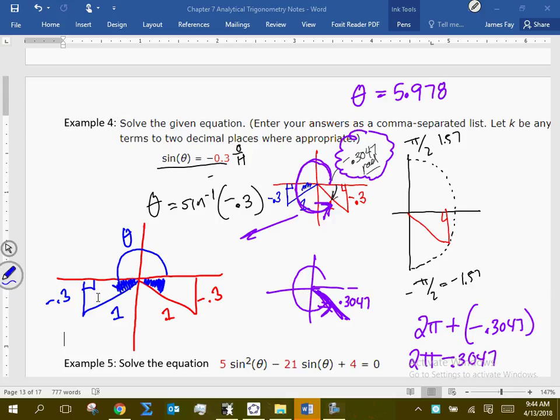So that angle right there is 0.3047 again. Well, what would just that red angle right there be? Pi. So how do I go from there to there? I add pi, right? Okay, add pi to my 0.3047.